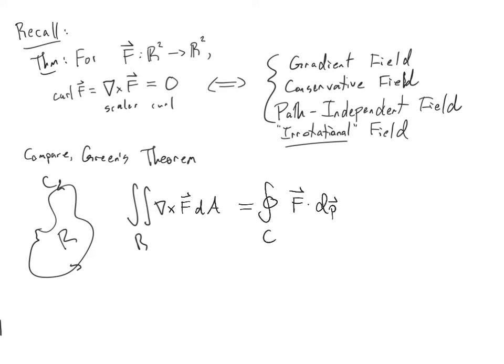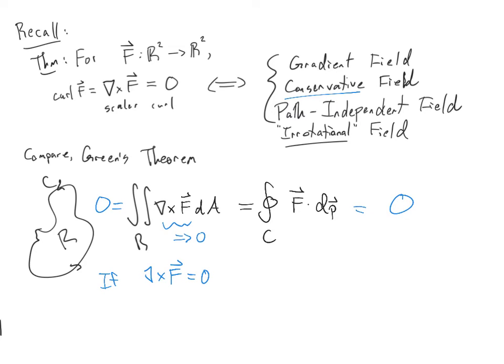Well, if f is irrotational, or a gradient field, so if the curl of f is 0, then this left-hand side is just an integral of 0. But conservative was the same as saying that this right-hand side was equal to 0.